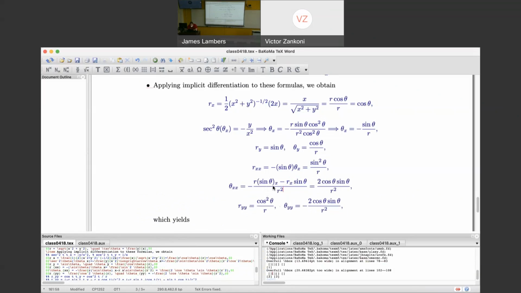This is what the quotient rule gives. Now if I continue that, the derivative of sine theta with respect to x should be cosine theta times d theta dx, and dr dx is cosine theta.